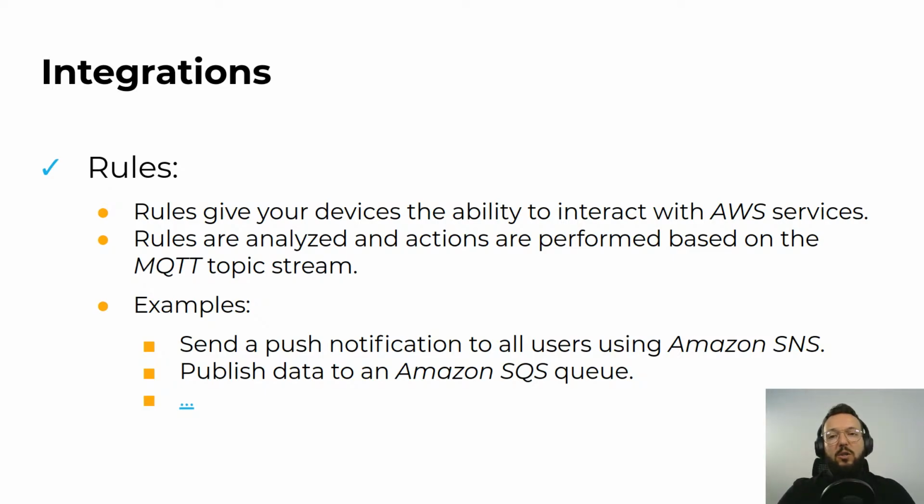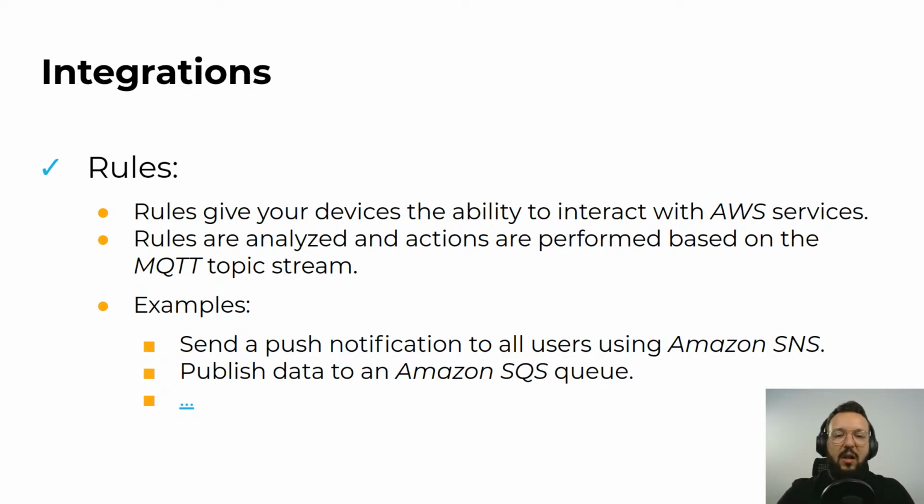Speaking about integrations, you've got two ways of integrating with AWS services. One way is to use rules. Rules are basically an ability to interact with AWS services. So you are creating rules that describe, if such an event arrives at a particular topic, I would like to perform this action.